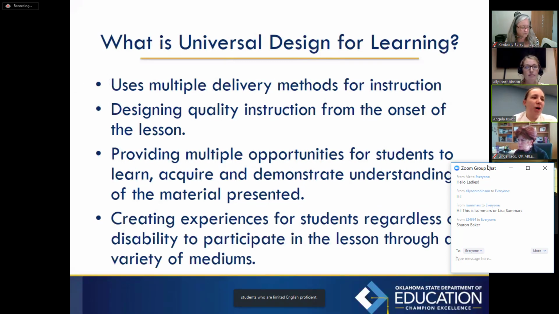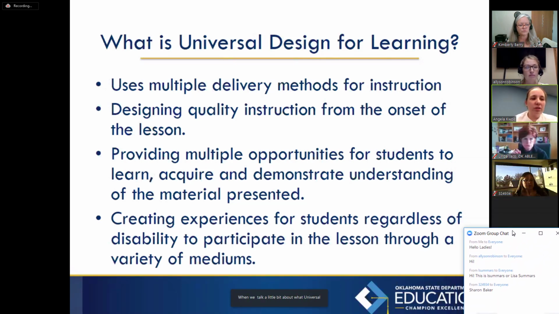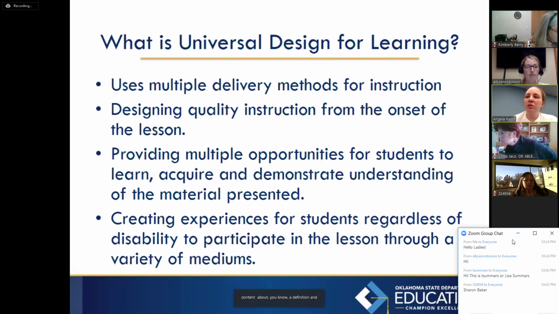When we talk a little bit about what Universal Design for Learning is, I like to give the background content about a definition, and an appropriate definition would be using multiple delivery methods to help students retain what is being learned, designing quality instruction from the very beginning. So not after the fact, after you know your learners or halfway through the lesson.